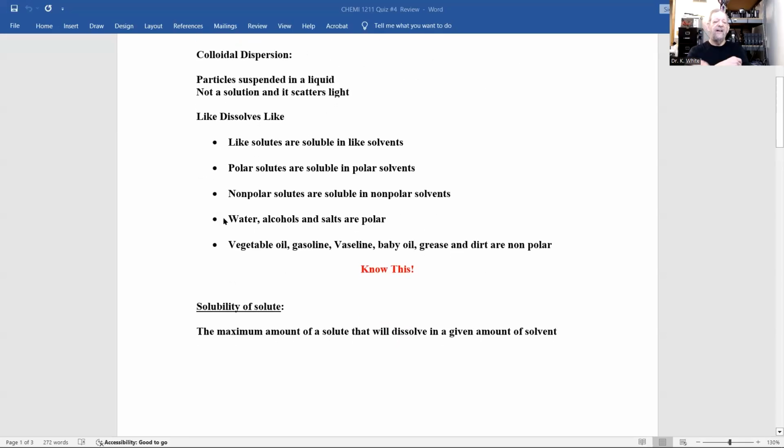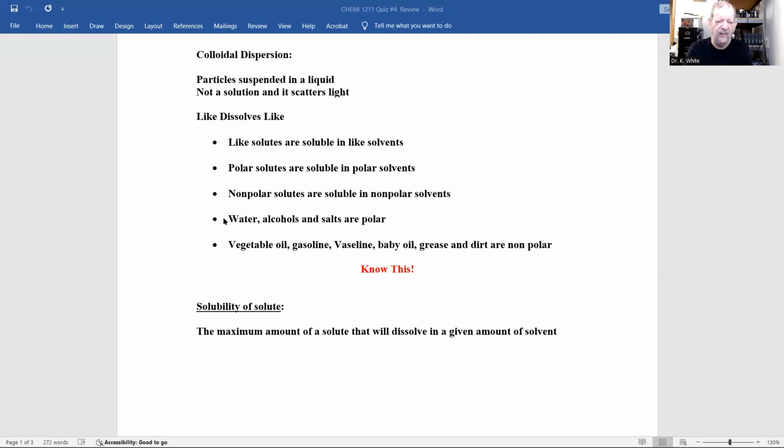All right, let's continue on. Now, an important concept in solutions is the concept of like dissolves like.